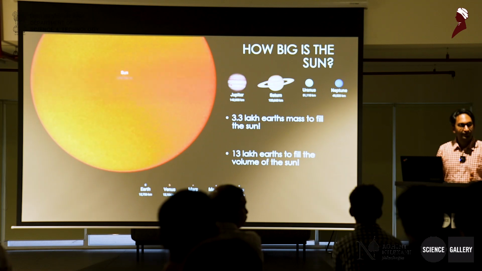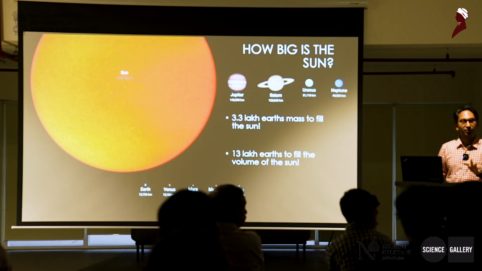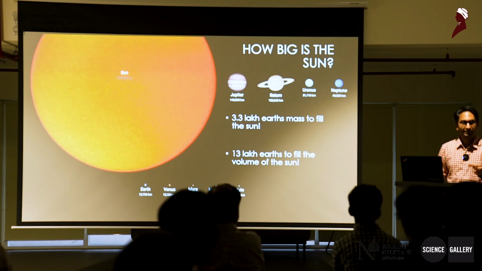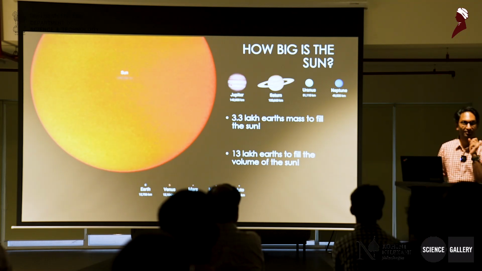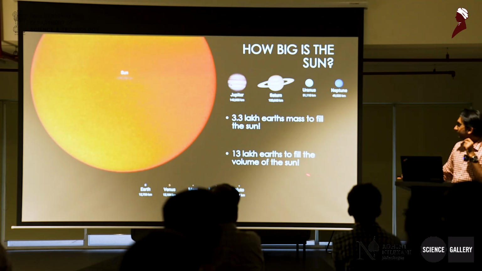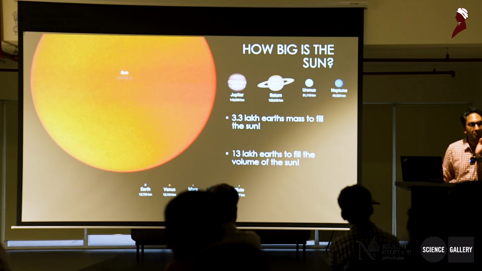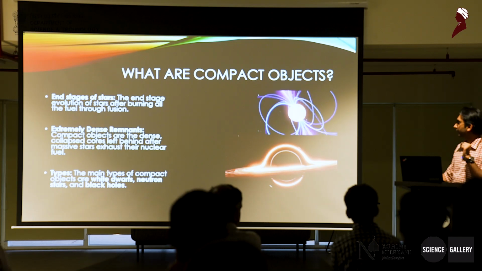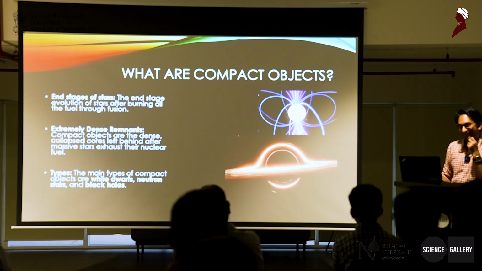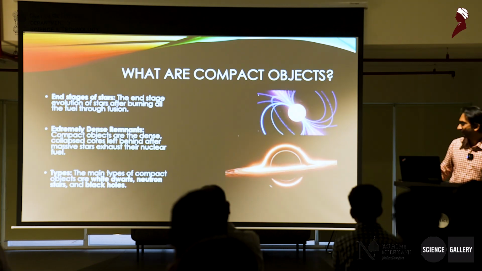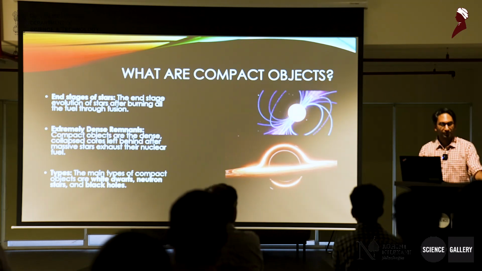So the radius of Earth is about 7,000 kilometers. 10 kilometers and 7,000 kilometers. Can you imagine the difference? So the entire mass of the sun compressed to that small region is what happens when you end up with a neutron star. Now if it collapses further to an even smaller point, you end up with black holes.